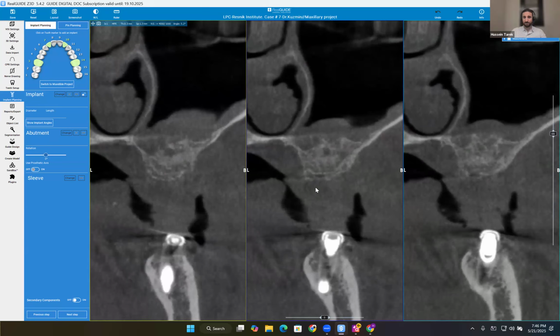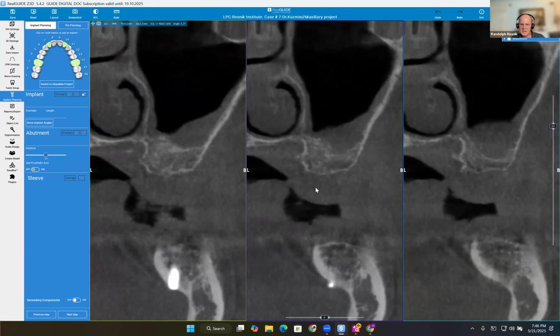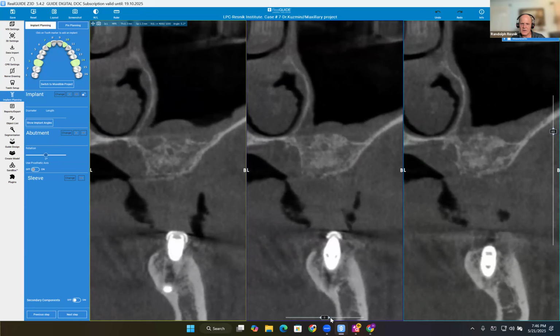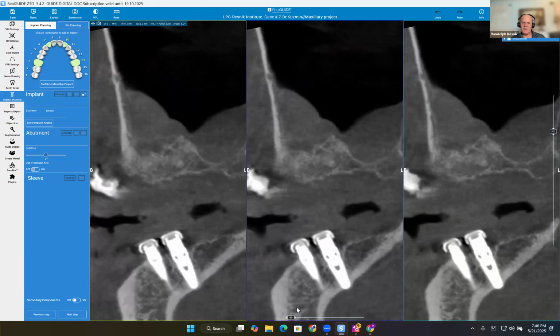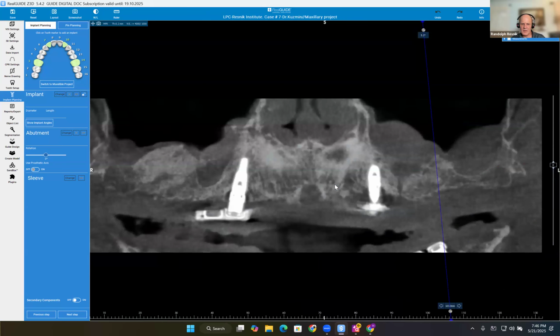He's going to scroll through the cross sections. Okay, let's go back to the pan view of this.